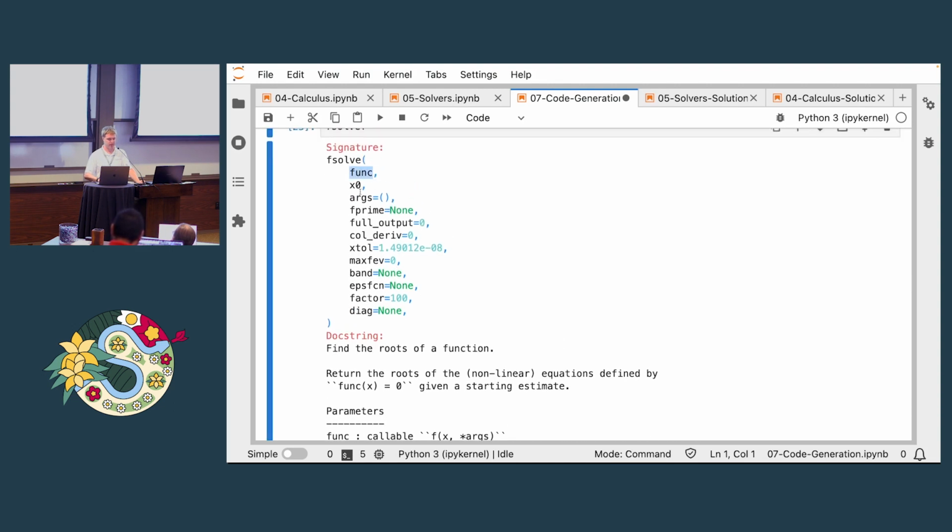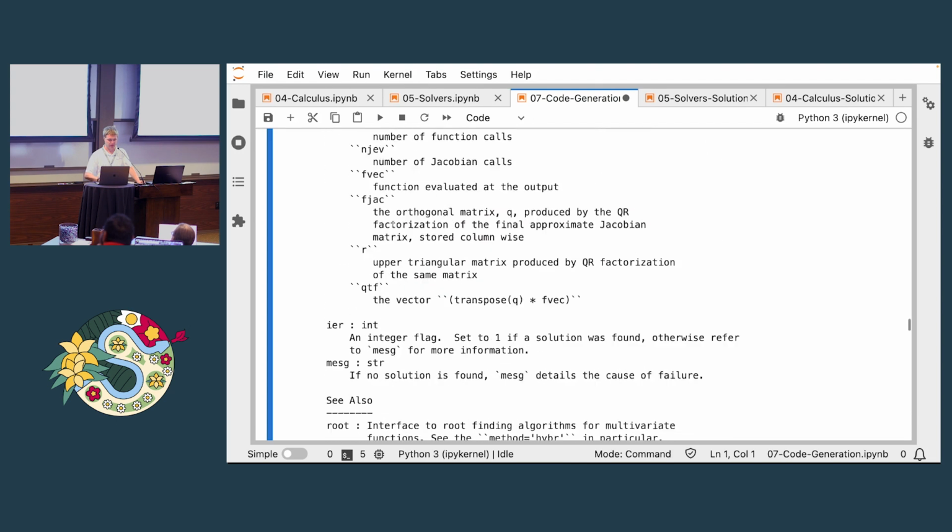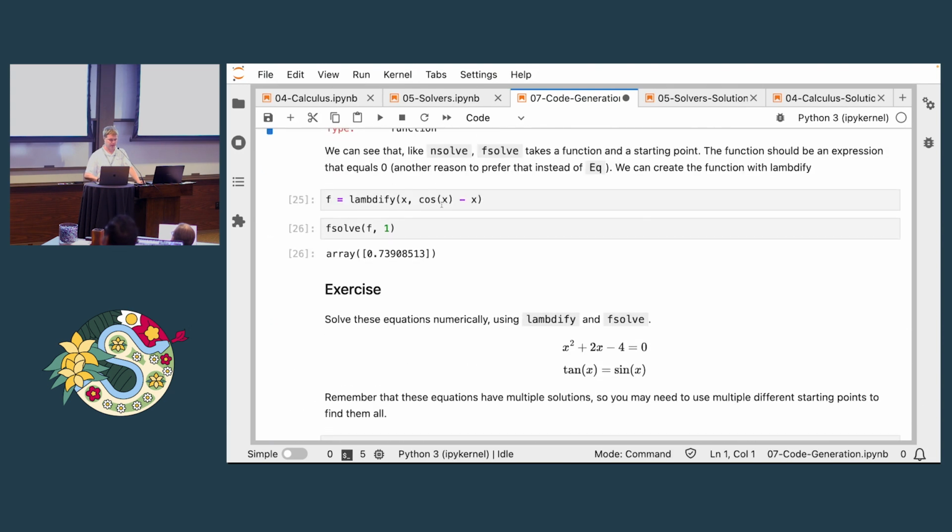It takes a function which evaluates whatever you're trying to solve, and that should equal 0, similar to how SymPy does it. And then you have an initial point. So we can take our expression, cosine of x minus x, lambdify it to turn it into a NumPy function, and then call fsolve with an initial guess of 1, and that gives us the same solution that we found with nsolve earlier.